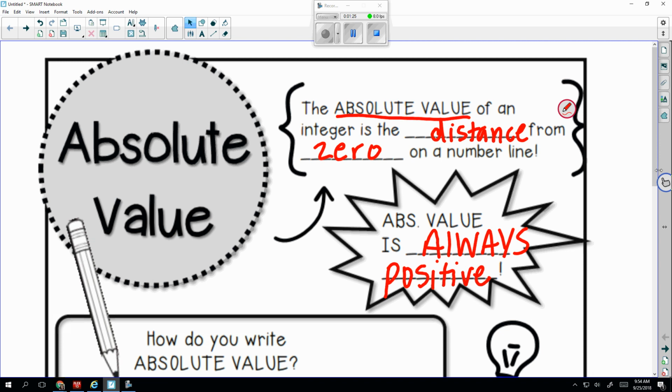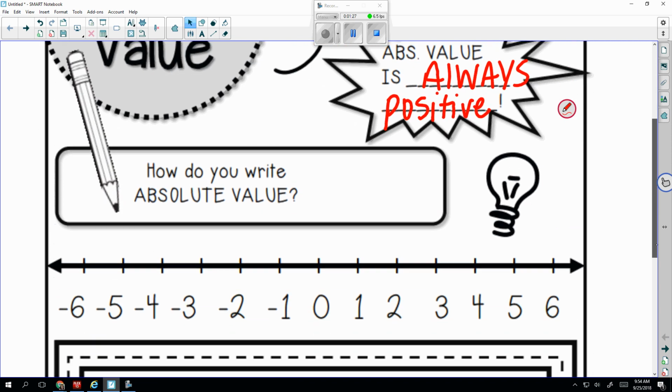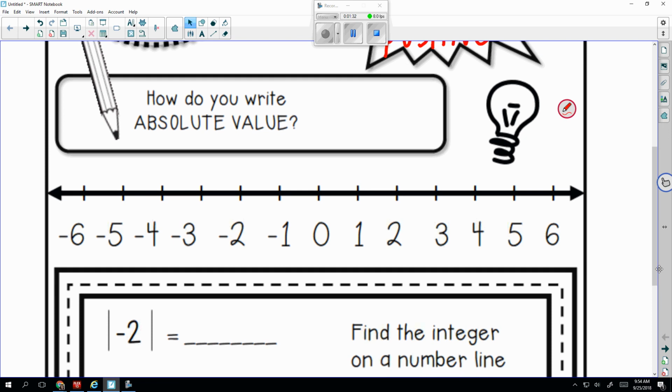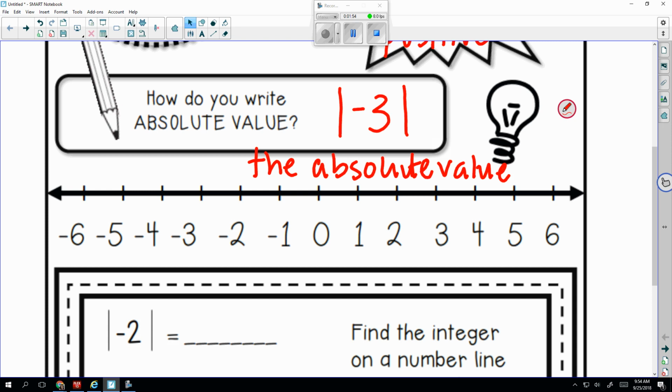So absolute value is always going to be positive. Now the question becomes, how do I write absolute value? It's nothing fancy. I put two bars, just straight lines, and then my number goes in between. I would say this as "the absolute value of -3."